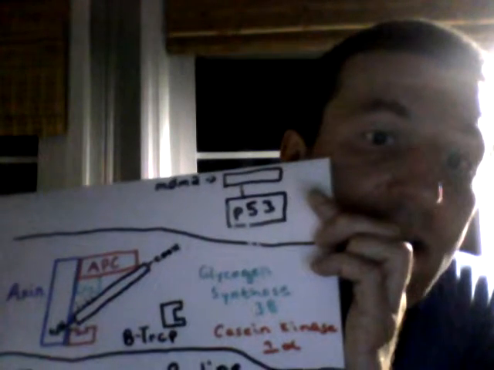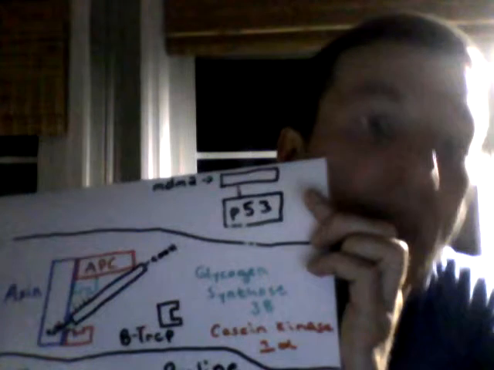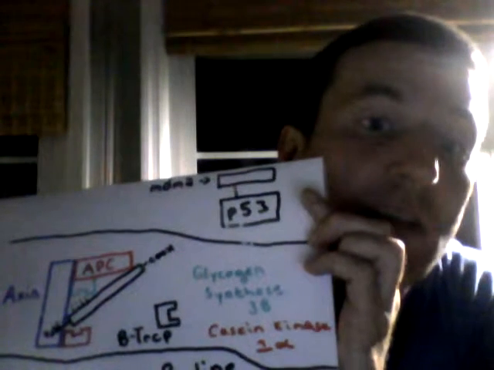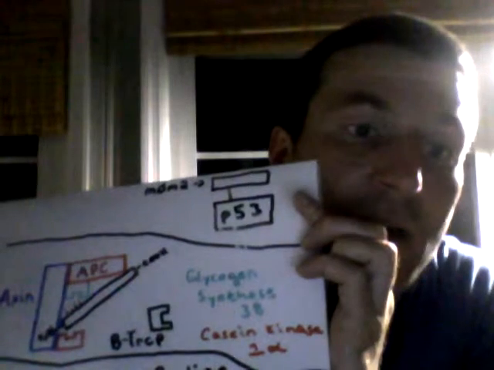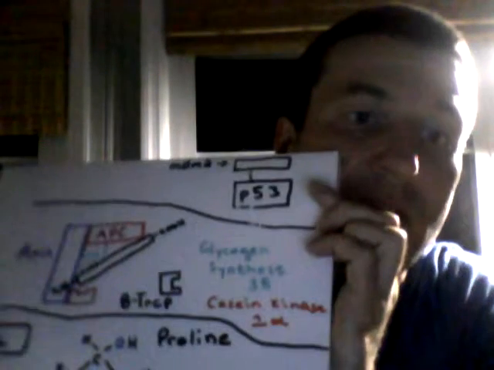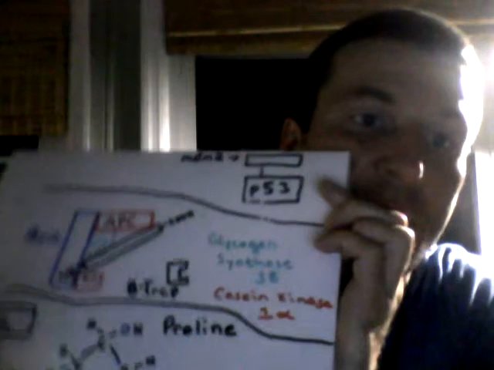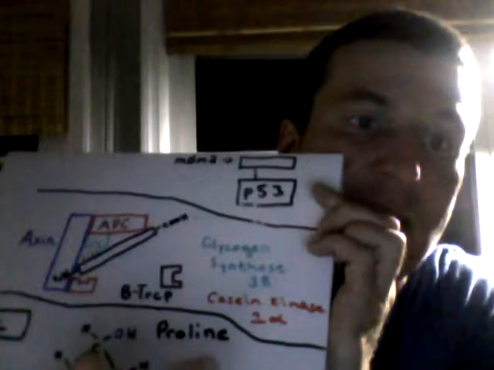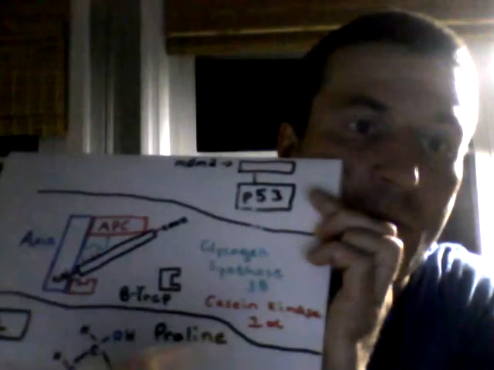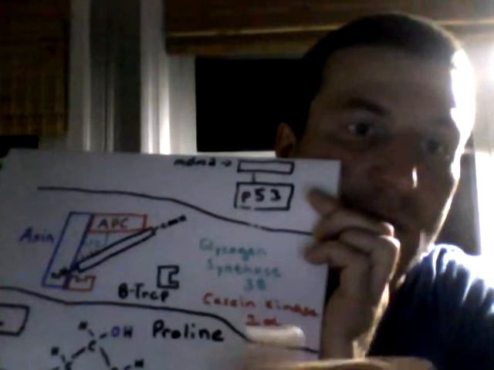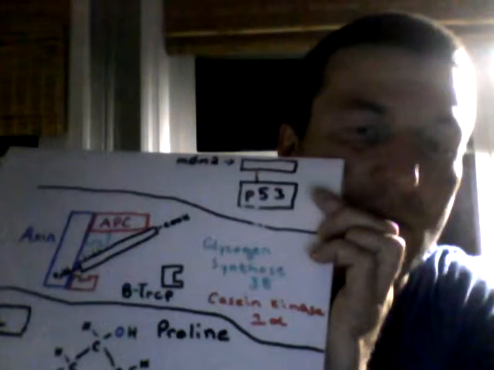Right underneath that is casein kinase 1 alpha, which is also a serine threonine kinase, and that will add phosphate. The first step is beta-catenin will go in there and bind to axin, and then the amino group right there will be going in this way towards the axin scaffolding protein.